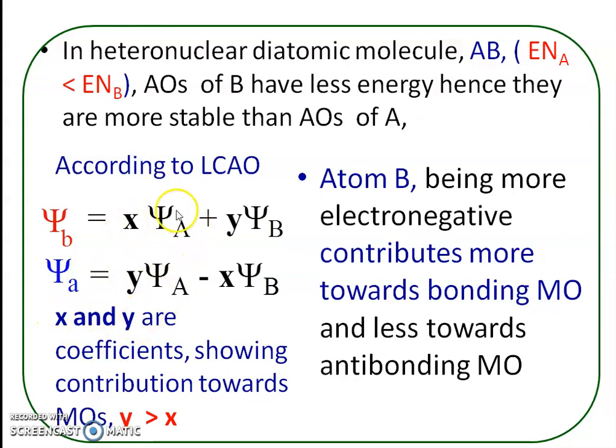On the other hand, the atomic orbitals of A, the less electronegative atom, contribute less in the formation of the bonding molecular orbital and contribute more in the formation of the anti-bonding molecular orbital. So this is about the contribution of atomic orbitals in the formation of bonding and anti-bonding molecular orbitals. Keep in mind the more electronegative atom contributes more in the formation of the bonding molecular orbital and less in the formation of the anti-bonding molecular orbital.